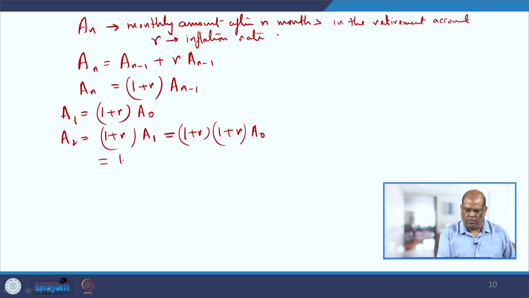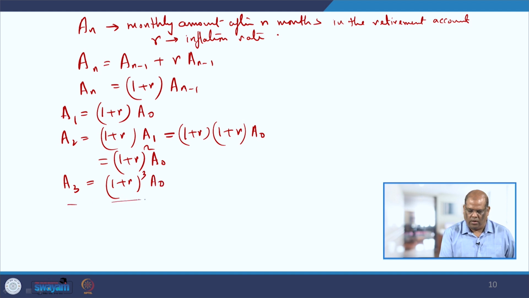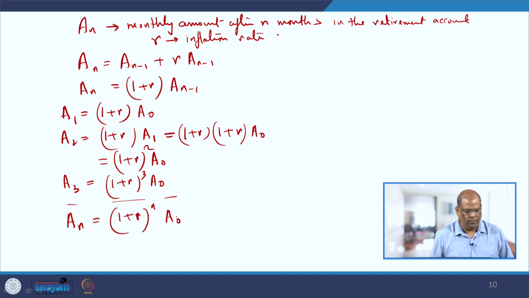So, this becomes 1 plus R square into A0. Similarly, your A3 will be 1 plus R cube into A0, and we can generalize it as AN equal to 1 plus R to the power n into A0. So, this is one part.